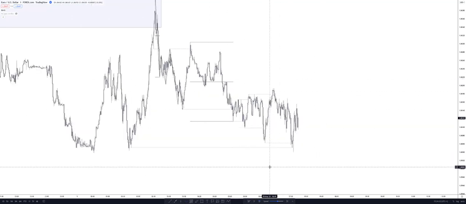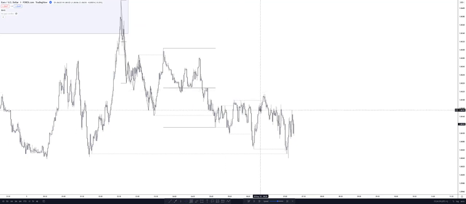Well, no, because looking at this area, for me, it's not clean enough to take a trade from, because we've had these high breaks, low breaks, high breaks, low breaks. It's not making sense, and then we've still got these unmitigated areas, so we haven't established order flow. So for me, it's not safe.